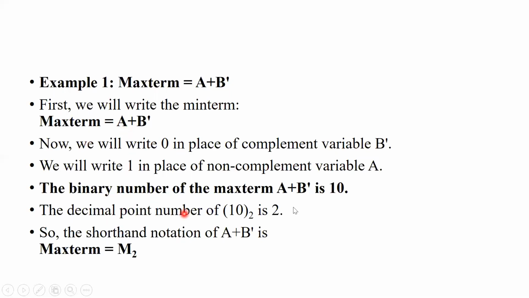So the binary number of the max term is 1 0. Okay, so 1 0 in binary, so the decimal of 1 0 is 2. So what is the max term shorthand notation? It is capital M, subscript 2.